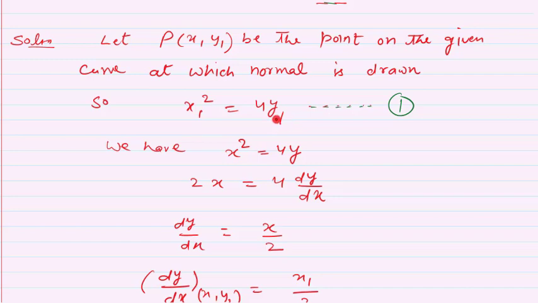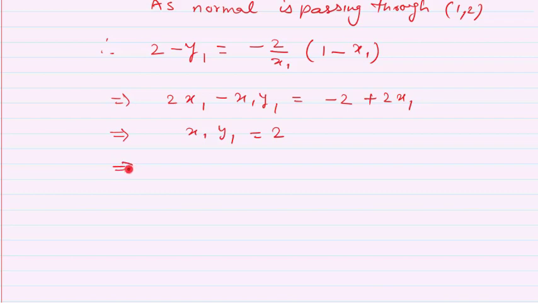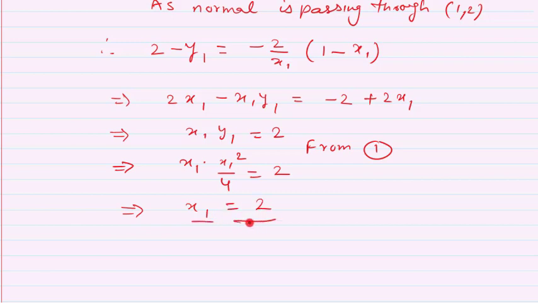From here we can calculate y1 as x1 square upon 4. So let us put this value of y1 over here. So x1 into x1 square upon 4 is equal to 2. So clearly you are having x1 is equal to 2 from here.